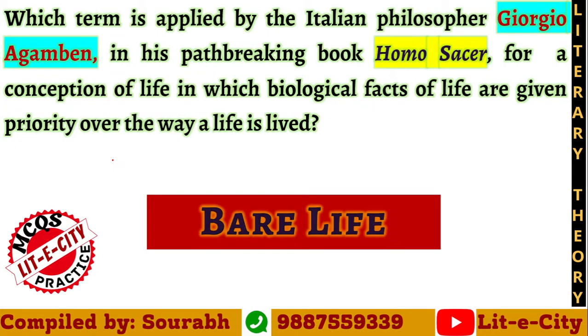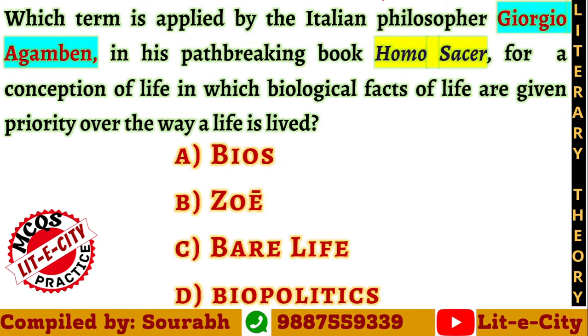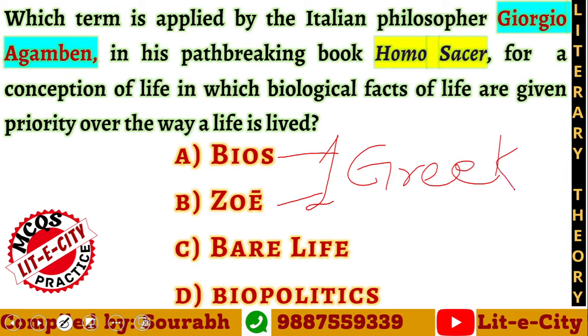Now, you can see bare here means that it is only about the biological fact. And if we talk about bios and zoe, Agamben actually takes this concept from there because it was in accordance with the Greek conception of life.